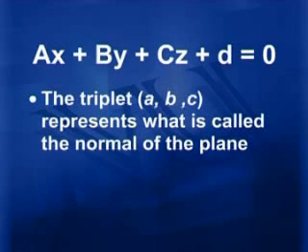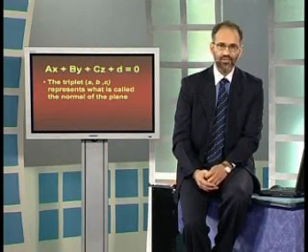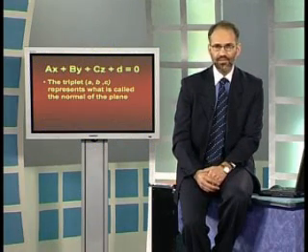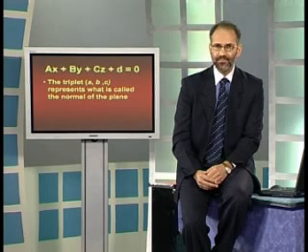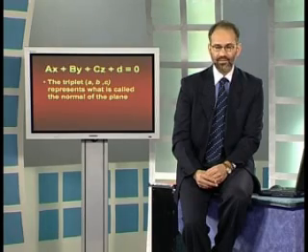Now over here in ax + by + cz + d = 0, we have the triplet A, B, C, which represents what is called the normal of the plane. I hope I don't have to stress very hard on this concept because you've already established it. What is the normal to a plane? Yes, the vector that makes a 90 degree angle outward from that plane.